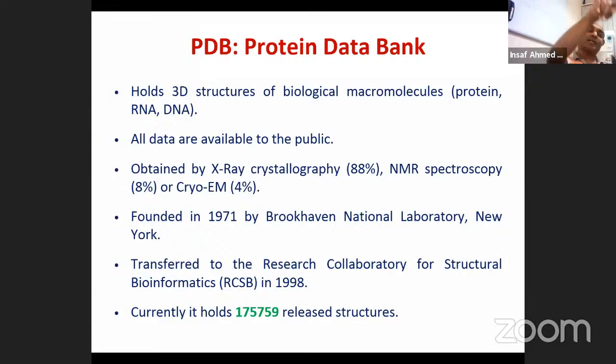But if you want to determine above 30 kD, then what is the option? Earlier the only option was X-ray crystallography. From 2017, just 3-4 years back, cryo-EM has come into the picture. That is the reason it has only a 4% contribution. But yes, this percentage will increase because it is good for big molecules or big assemblies like ATPase, ribosome, PKS, all these big assemblies.